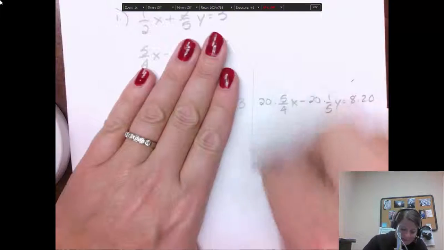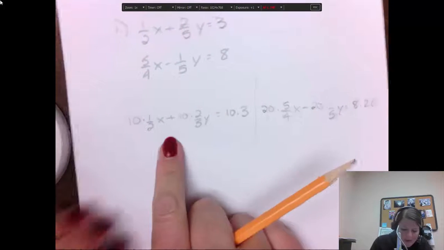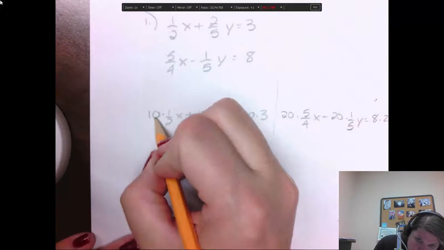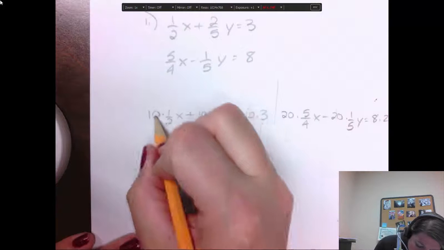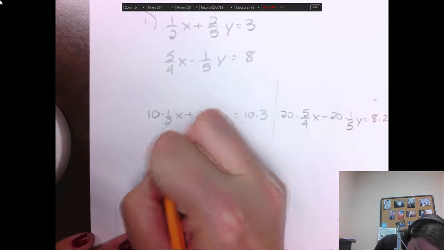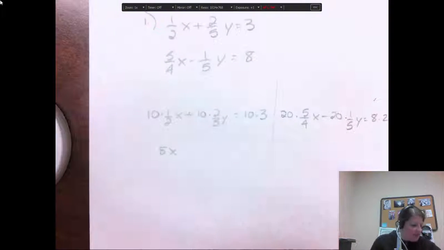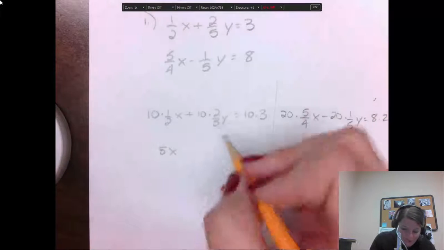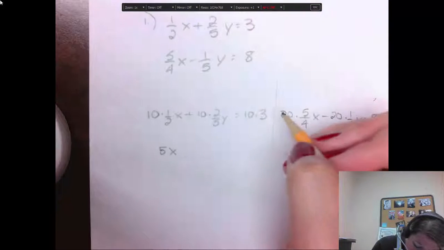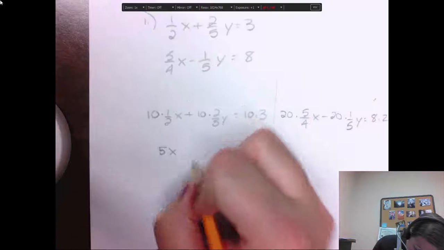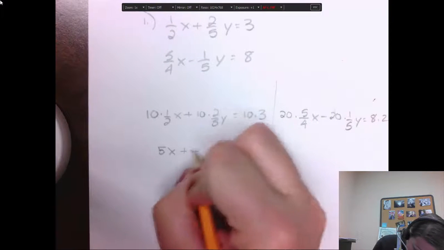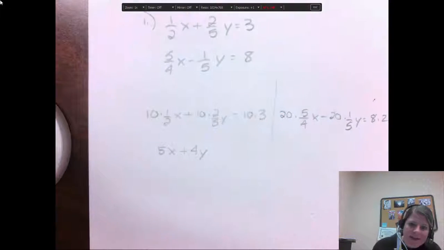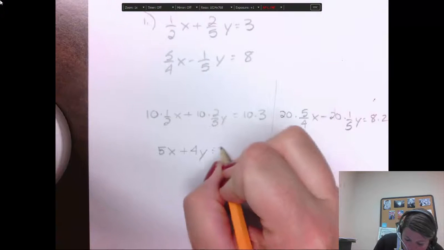Okay, so on this one, 1/2 of 10 is 5, or 2 divides into 10, leaving a 5. So I have 5x, and 5 divided into 10 is 2. 2 times 2 is going to give you 4y, just bring down your plus sign, equals 10 times 3, or 30.